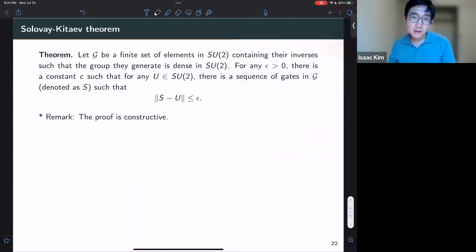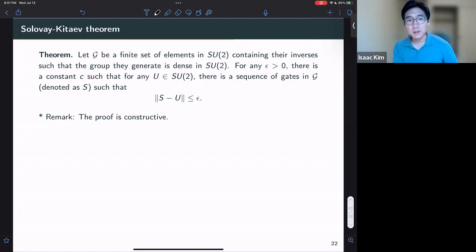To that end, I should note that there is this fundamental fact in quantum computation called the Solovay-Kitaev Theorem. What it says roughly is the following. Suppose you have some discrete gate set, let's call it G, which we know is universal.